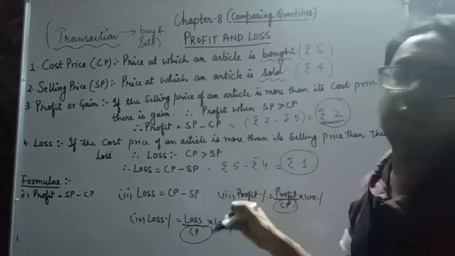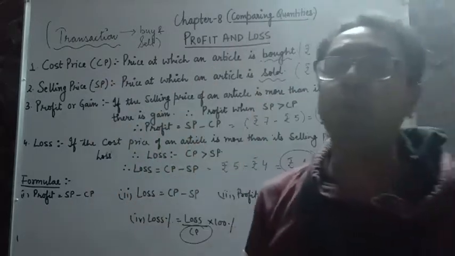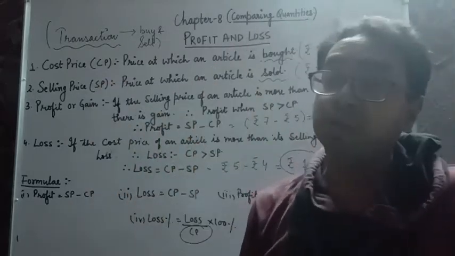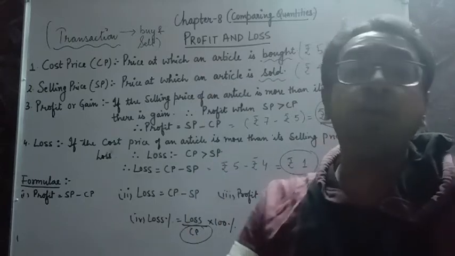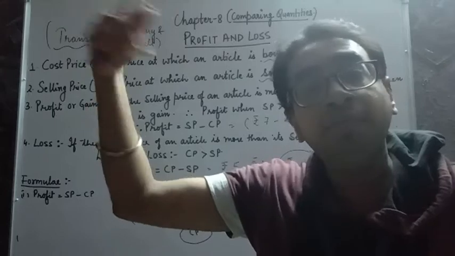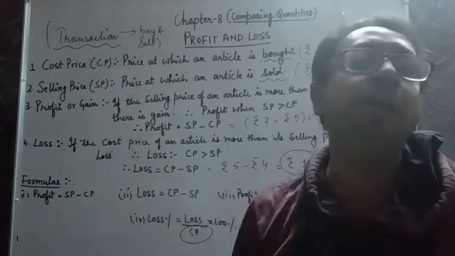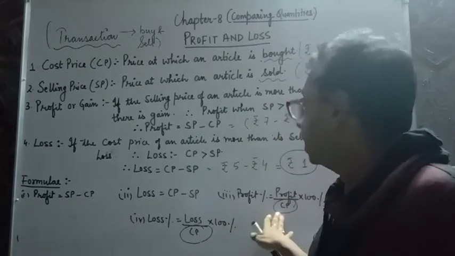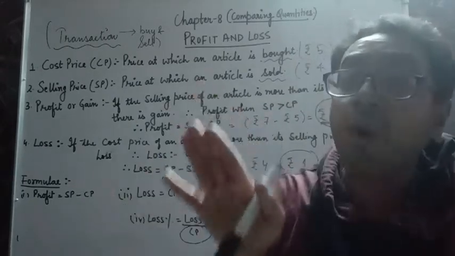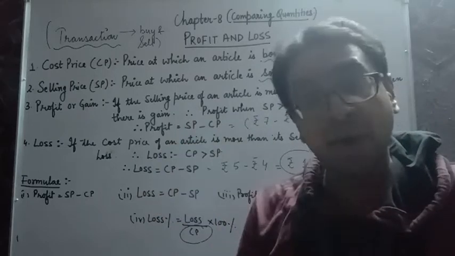We have nothing to do with SP when we talk about profit percent and loss percent. Because until you buy something, that is all daydreaming, thinking something during the day that is not possible. That is why CP is very, very important, and we always count profit and loss percent on CP. Are we clear with this?